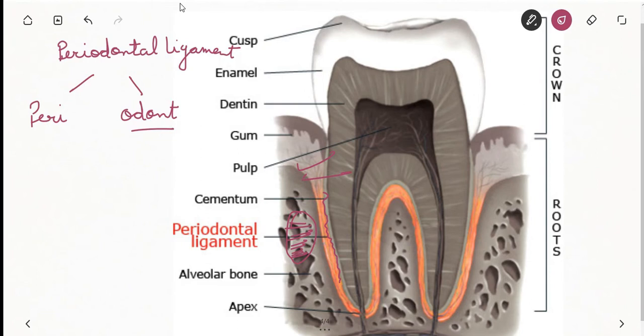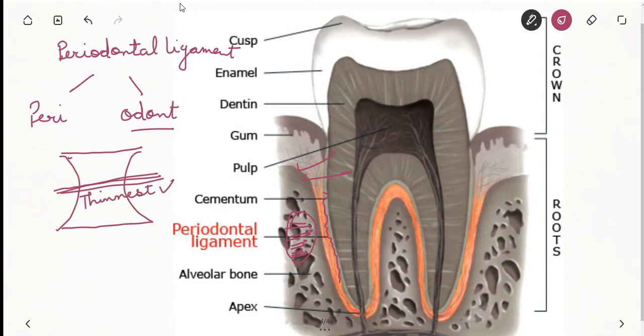So it is basically hourglass shaped in appearance. The periodontal ligament is hourglass shaped in appearance. In the center, it is thinnest. So at the center, the middle third, it is the thinnest.